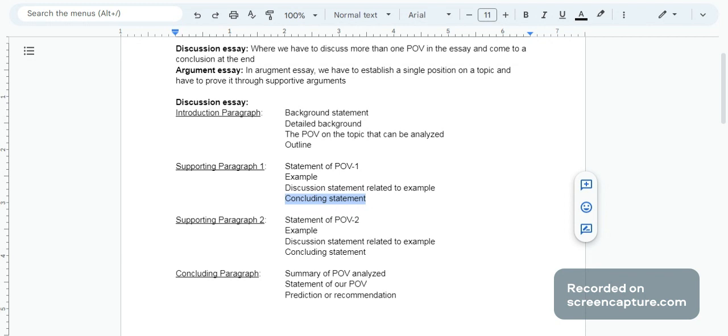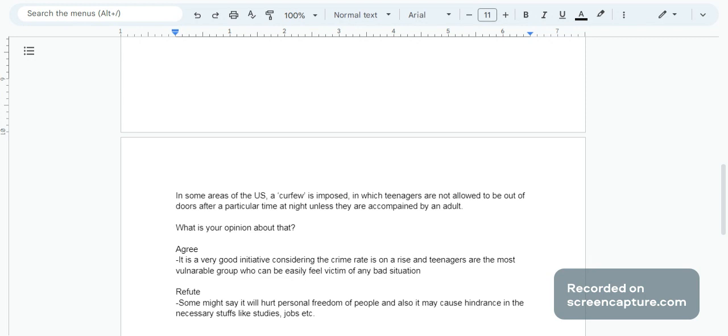With the connectors, you have to conclude, thus it can be said that this agreement... So therefore you can conclude your paragraph that we can say that it is a good initiative, and some parents might feel good about that.